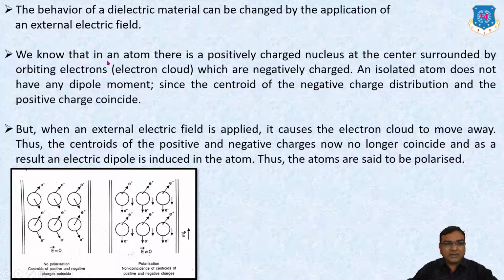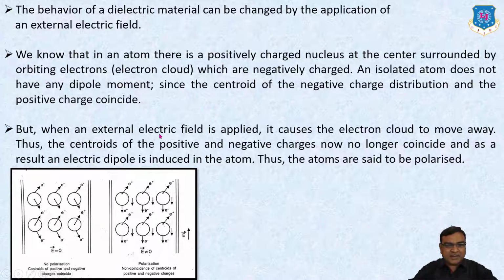We know that in an atom there is a positively charged nucleus at the center surrounded by orbiting electrons, or electron cloud, which are negatively charged. An isolated atom does not have any dipole moment, since the centroid of the negative charge distribution and the positive charge coincide. So there is no dipole in this case.